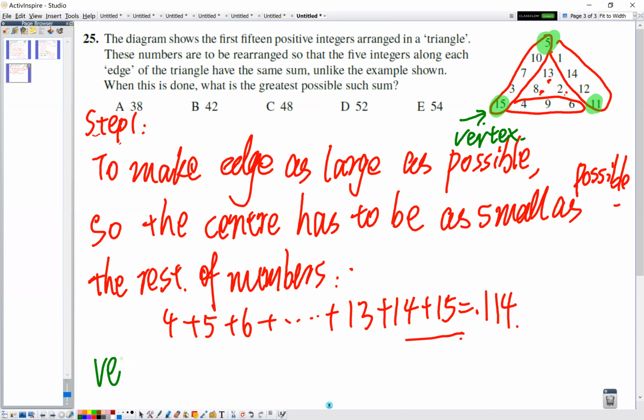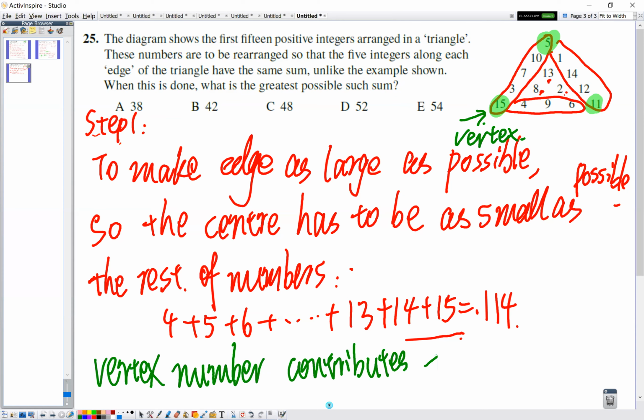So we can say every vertex number contributes to both edges. For example, 15: you count it into this side and into this side. So basically 15, you counted twice.